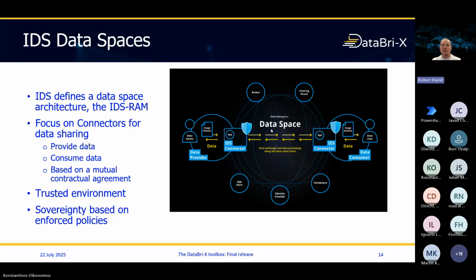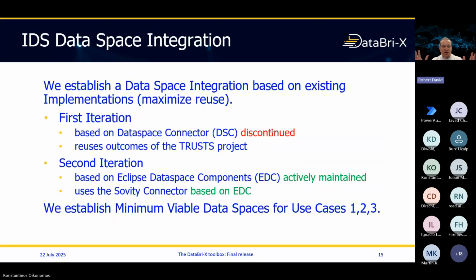And this is based on a mutual contractual agreement that is established between the 2 connectors. So this is technically established and enforced, creating a trusted environment where the data provider, the data owner, can keep the sovereignty over the data.